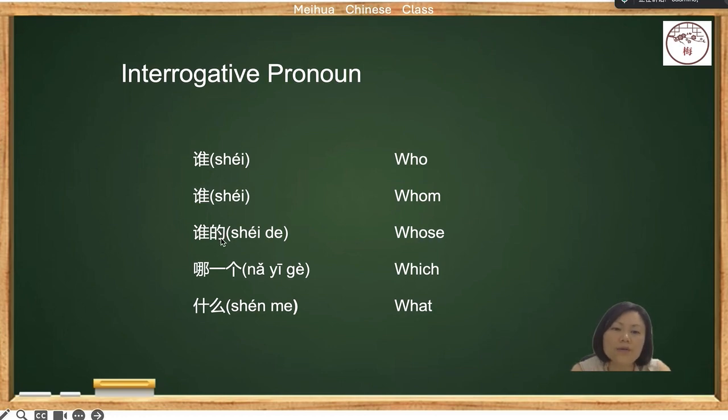So we have this particle of 的 here to form a different word class. 谁的. For which we say which one, 哪一个. For what, we say 什么.